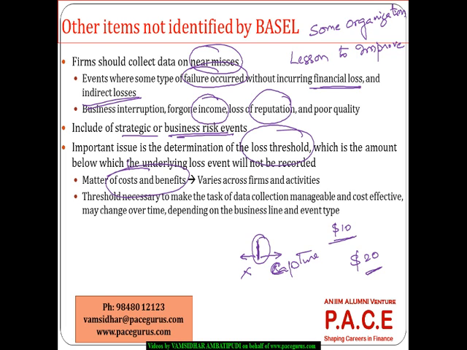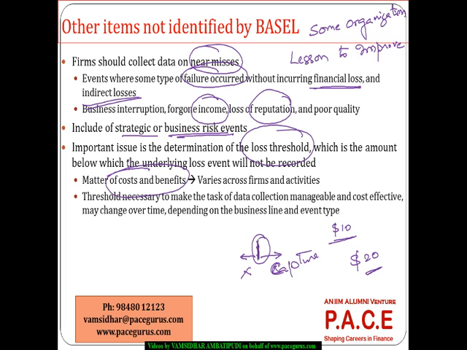And how much should be the cost? Different kinds of risk, different kinds of activities, different kinds of firms, this number keeps changing. But for each of these, there should be a loss threshold that needs to be defined and used for all kinds of decision taking purposes.